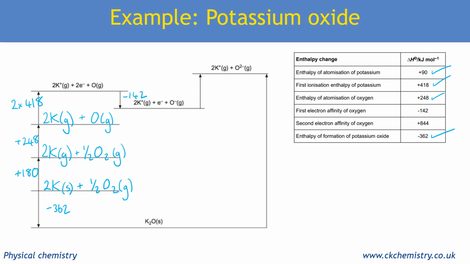But in the second electron affinity, what I'm doing is taking a negative ion and adding another electron to make the O2-. Now that is actually quite endothermic. It's actually more endothermic than trying to take an electron away from potassium because you're overcoming a lot of repulsion. So that value then goes up.